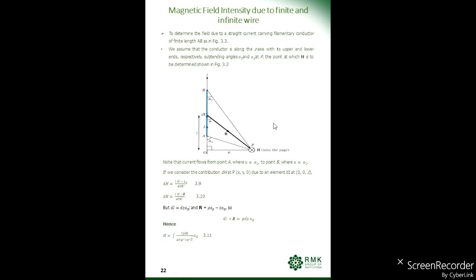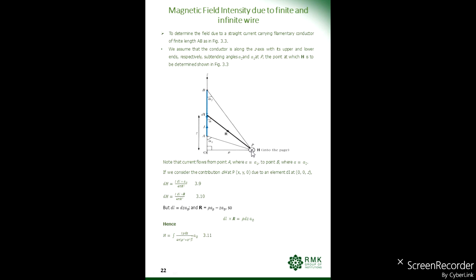Now we are interested to find out the magnetic field due to this particular finite filamentary conductor of length AB. So here, to derive it, if we want to calculate the magnetic field at a particular point P, we take P as the point of observation away from the line.